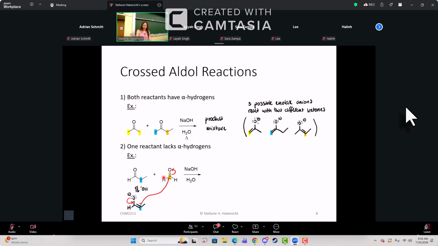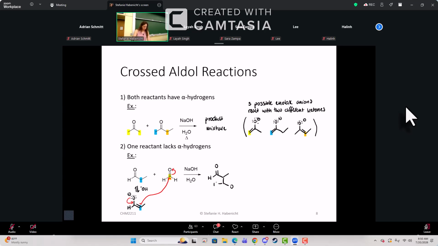Number 2, there are no alkyl groups attached to this carbonyl carbon, so there are no electron donating groups. Formaldehyde is therefore much more electrophilic. It's more electron deficient. So we have this crossed aldol reaction here. We're using different carbonyl compounds, and this time we should be able to generate a single major product.